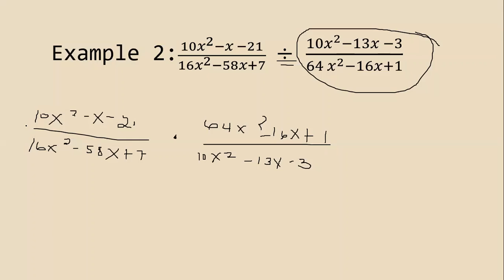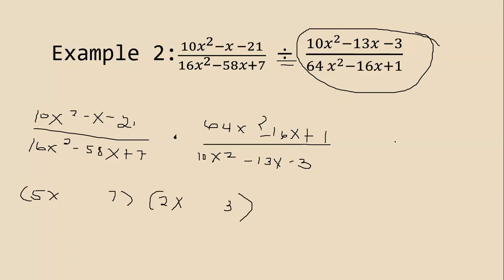And then factor out na po natin, 10x squared, it could be 5 times 2. So 10x squared yan, meaning 5x and 2x. And then for 21, 21 times 1 and 7 times 3, because 7 times 3 is 21.